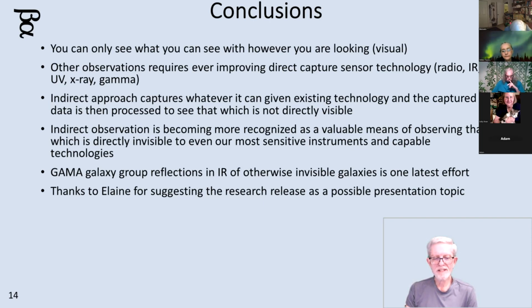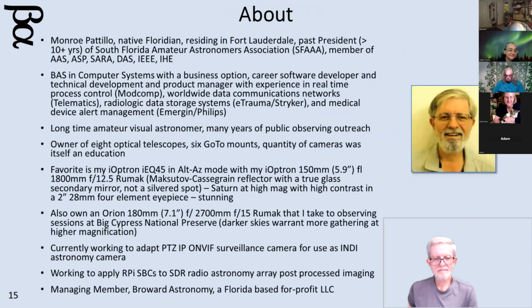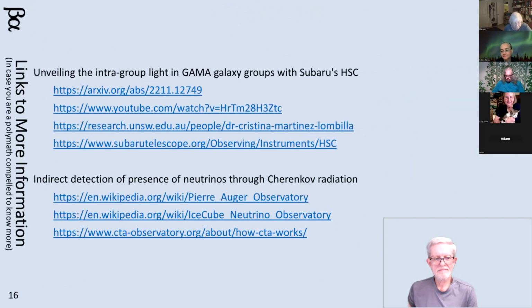And thanks to Elaine for suggesting the research release. I took that and made it into a presentation topic and fleshed it out from there. Not a huge number of slides, but it'll look good on YouTube, I think. And for those people that want to look at the intra-group light from the gamma galaxies at Subaru, there's a bunch of links there.